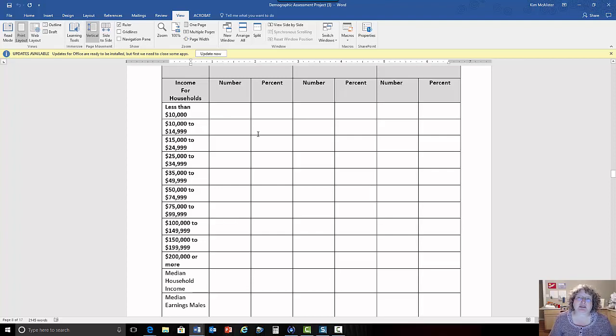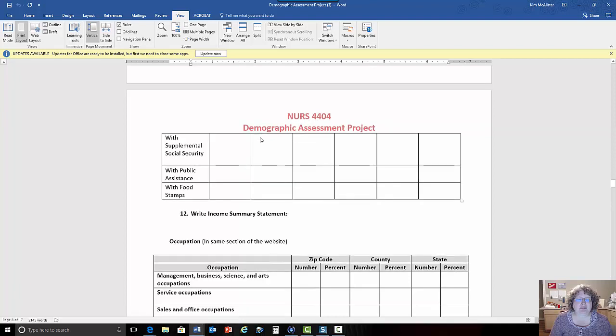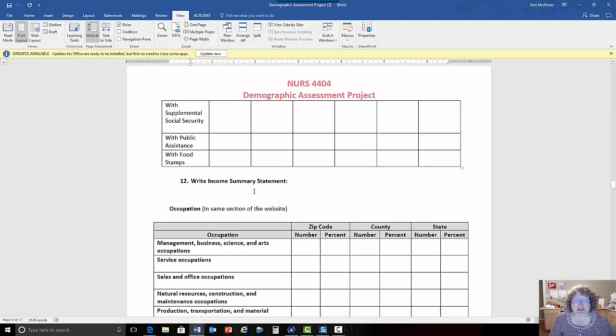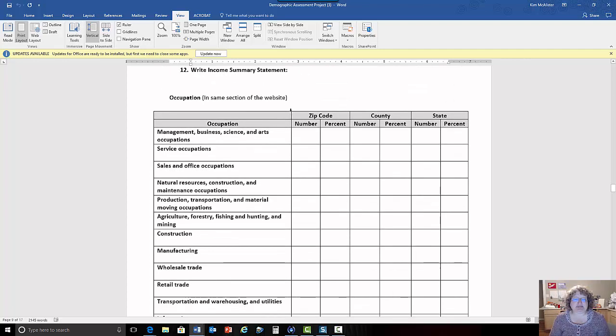Think about what living in poverty means in terms of needs that people have, access to care, the ease of getting goods and services. That has a huge impact on the health of the population. We also look at how many are on supplemental Social Security, on SSI, how many are receiving public assistance, how many are receiving food stamps, and then write an income summary statement.